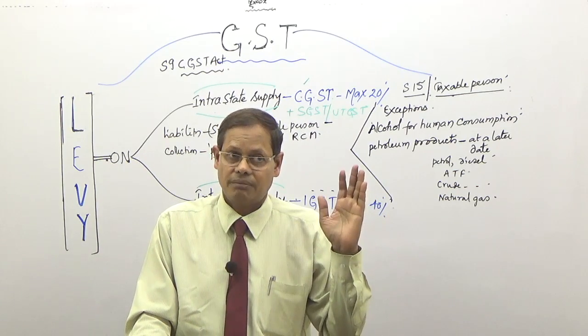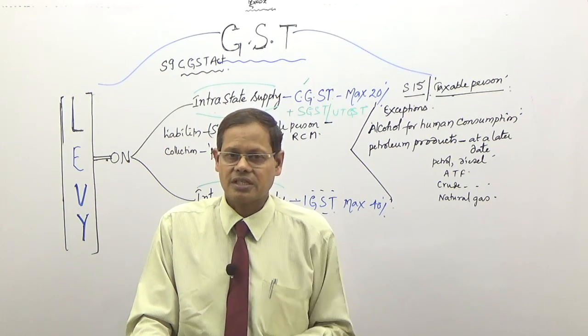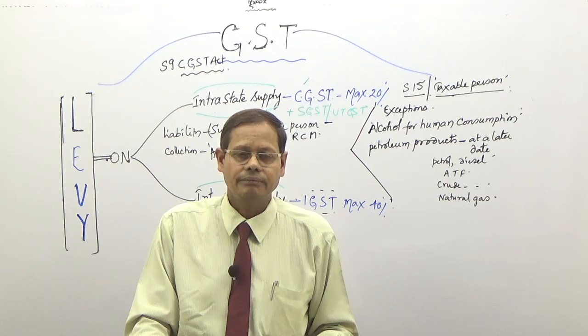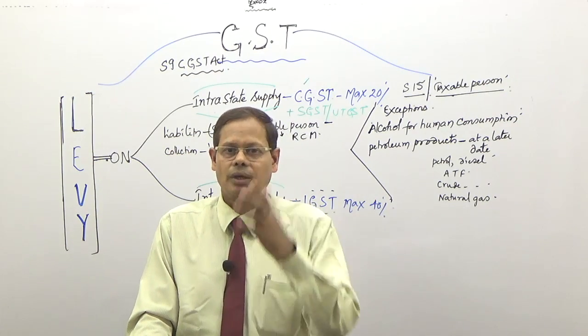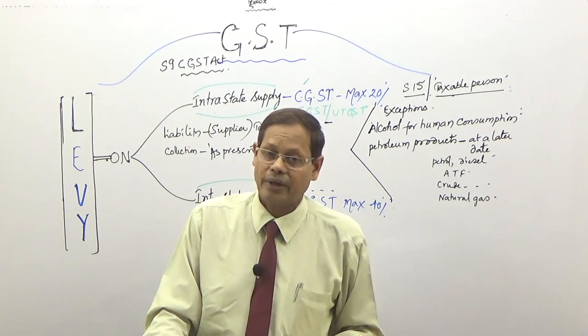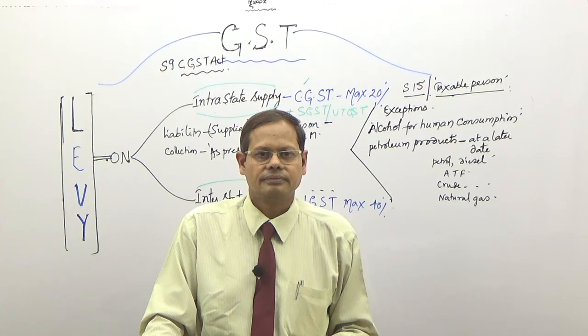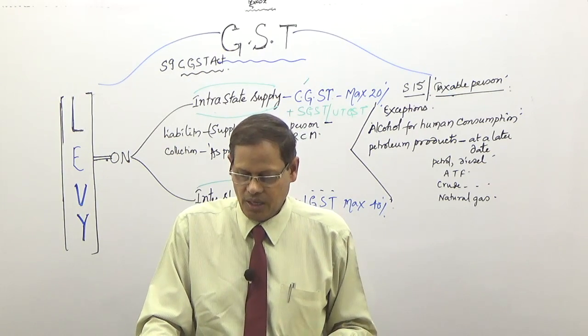Under the Customs Tariff Act, CVD and special CVD are imposed normally for goods not falling under GST, say petroleum products. So, for petroleum products, or you can say tobacco products, CVD and special CVD are still leviable.